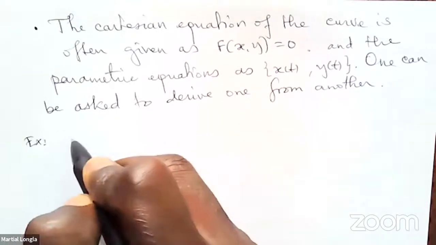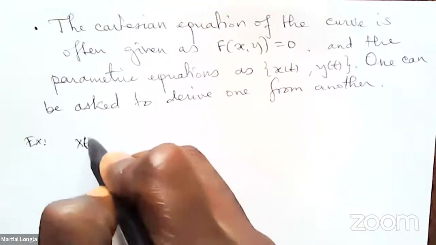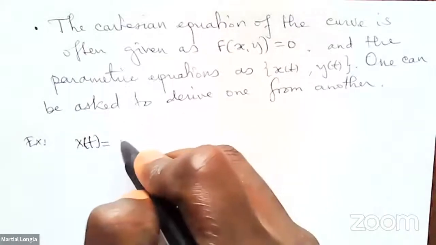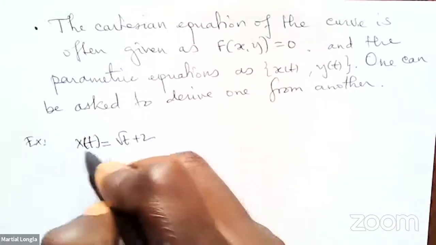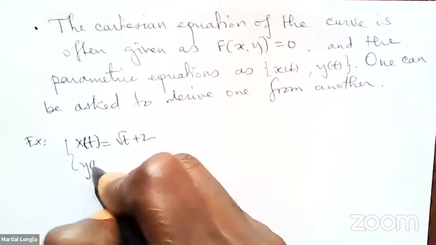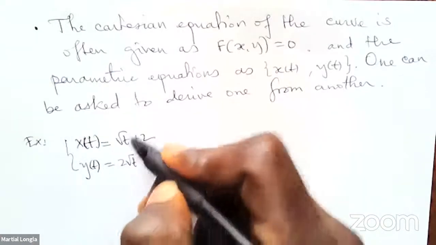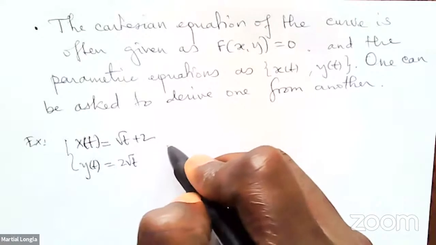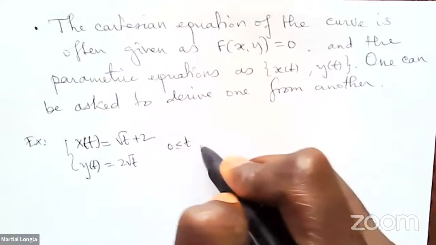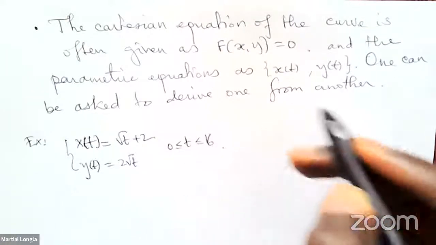Let's see, x of t equals root t plus 2, y of t equals 2 root t, 0 less than t less than 16.